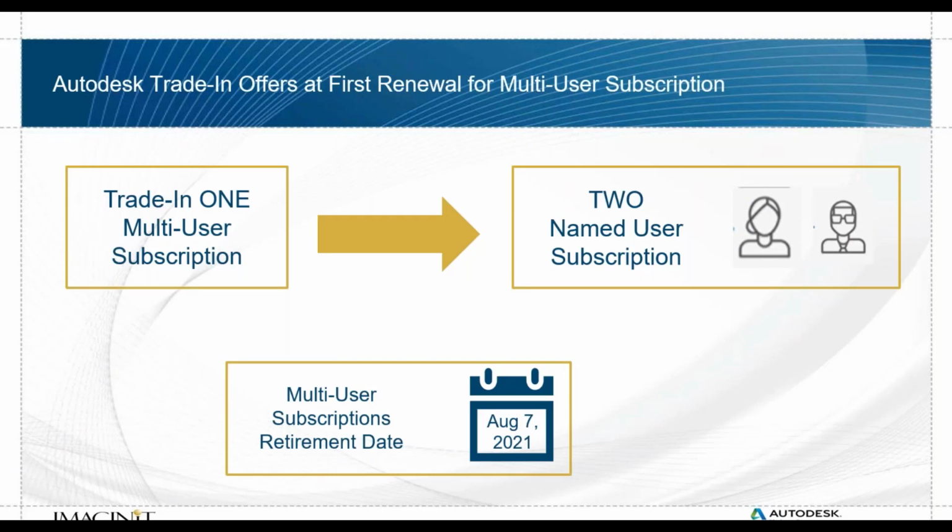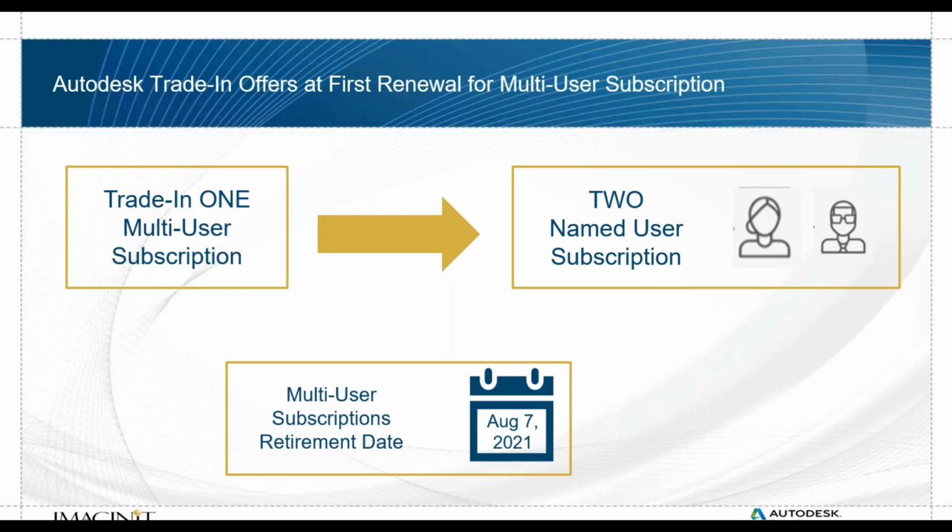Now, for customers who are multi-user subscribers, that means you're already on subscription, either you had a previous maintenance that switched over to subscription or otherwise. At that first renewal, you can trade in 1 multi-user subscription and get 2 named user subscriptions.